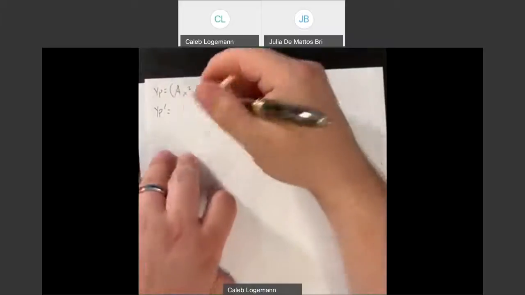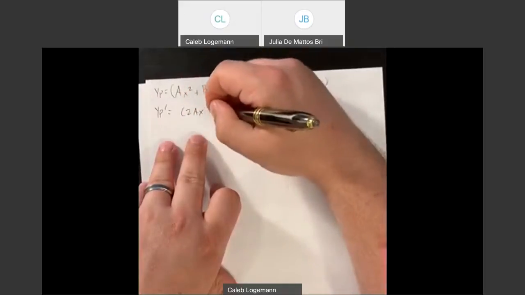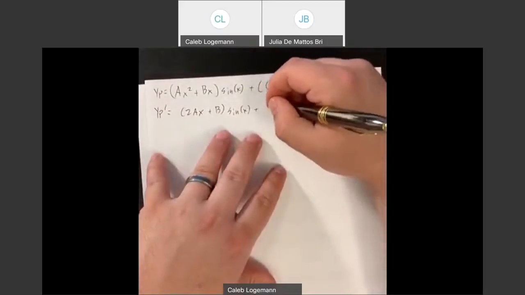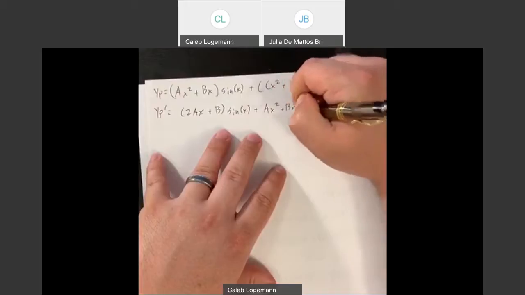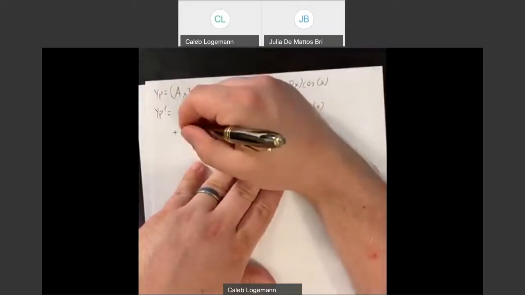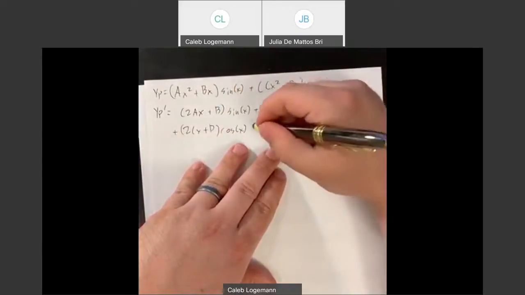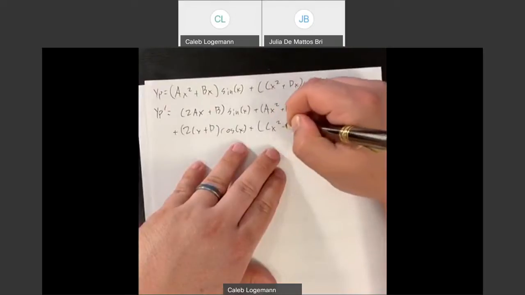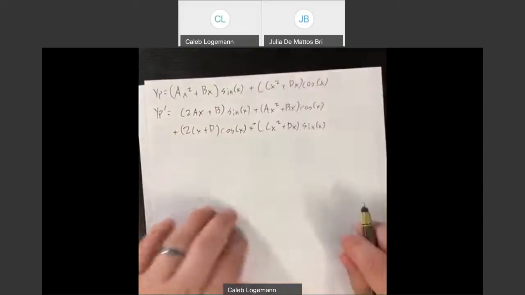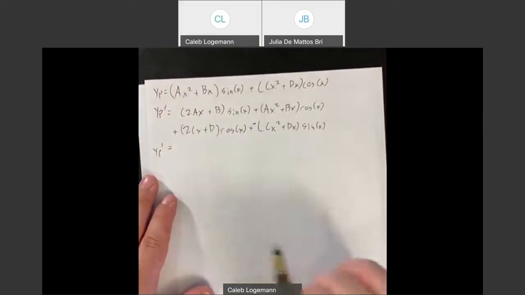So first derivative, we have (2ax plus b) sine of x plus (ax squared plus bx) times cosine of x plus (2cx plus d) cosine of x minus (cx squared plus dx) sine of x. Okay, let me rearrange that to be a little bit nicer.